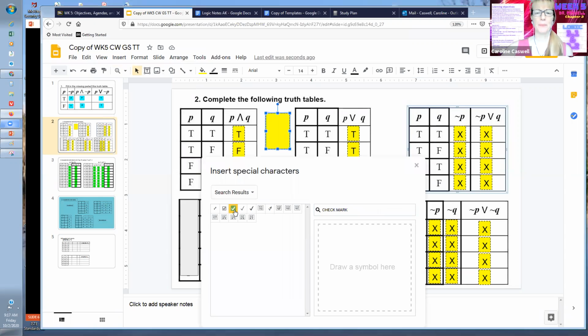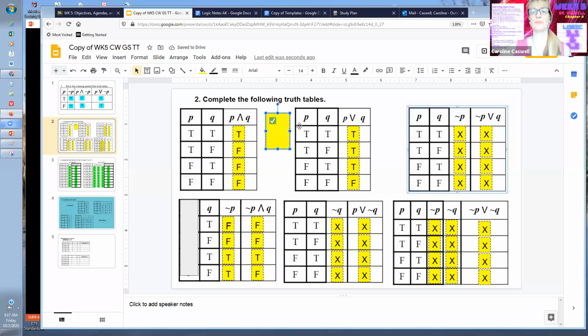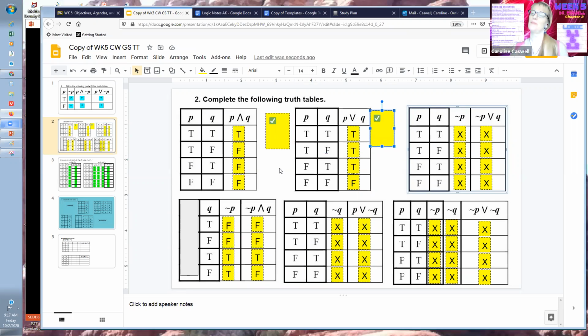It's not going to let me do a second one. I would keep both of these as my cheat sheet. The first one and the second one is all you need for every other type of problem. It doesn't matter if it's P and Q, not P, not Q, or a mix of them. You're going to follow the same pattern as long as you have the columns in place correctly.